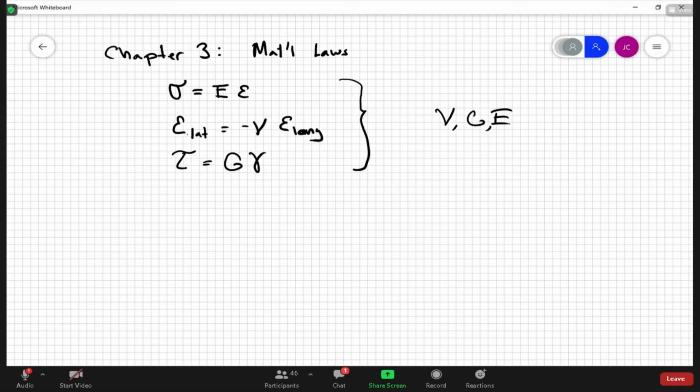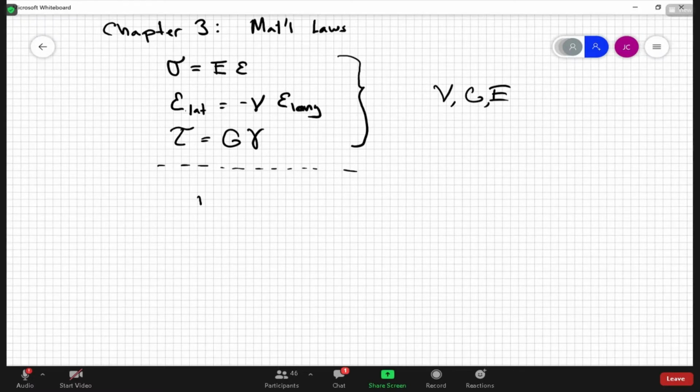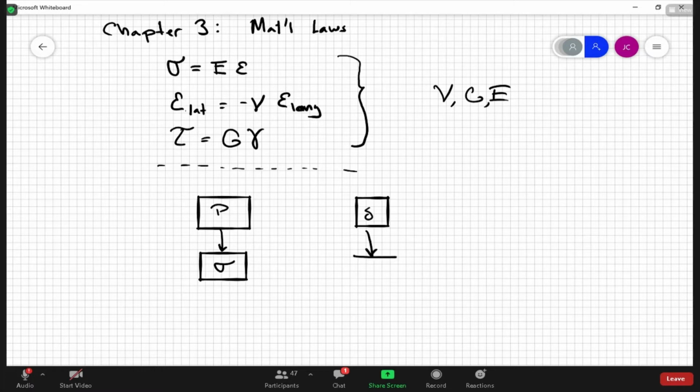But as far as solving problems, remember the flavor of problems we had here were along the lines of that sort of block diagram where you could be given loads and figure out stresses. And we can also be given deformations and use that to calculate strains.